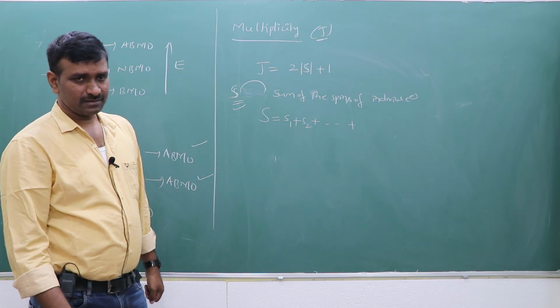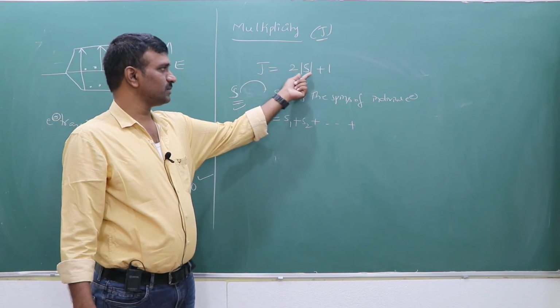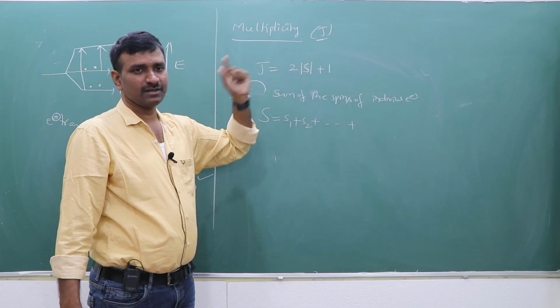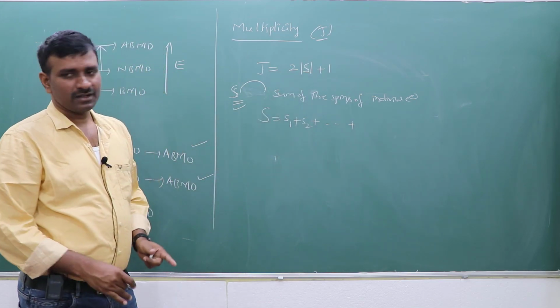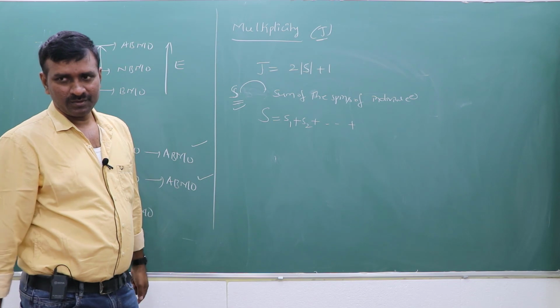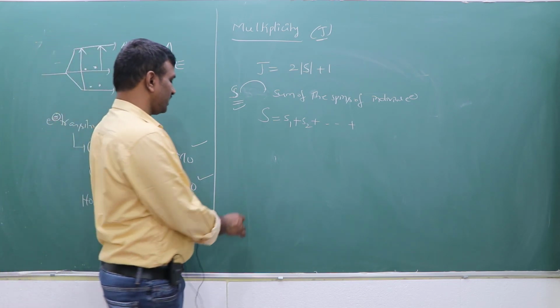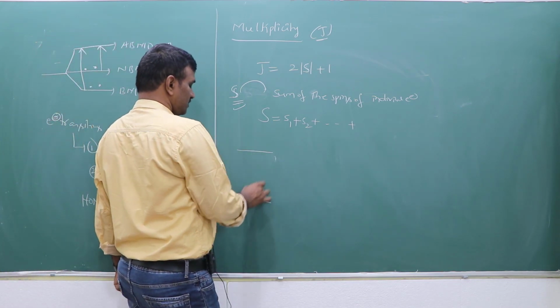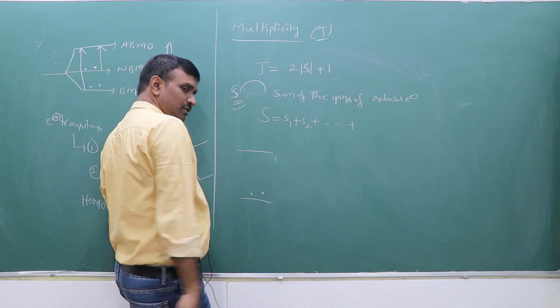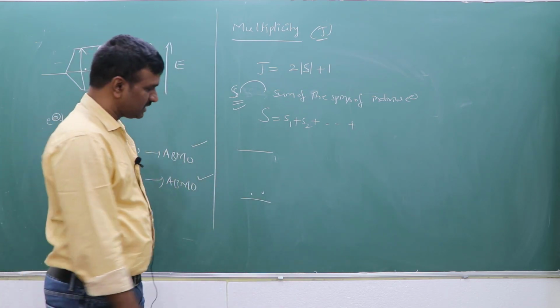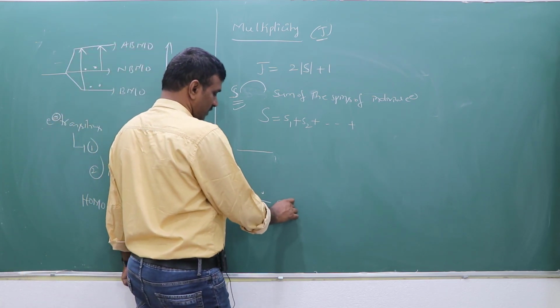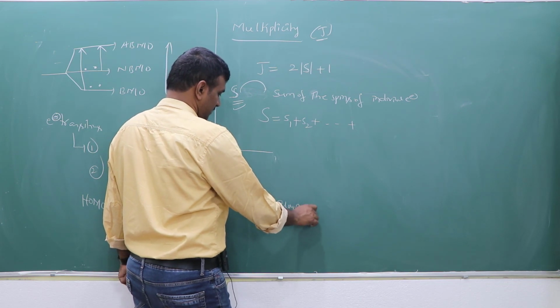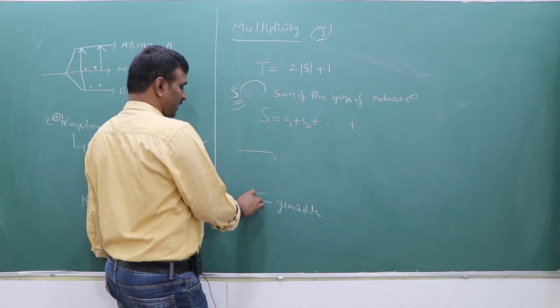Based on that, the spin may be 1 or 2, or 0. How may it be? Most of the cases we know that any molecule in the ground state level has pairing of electrons.